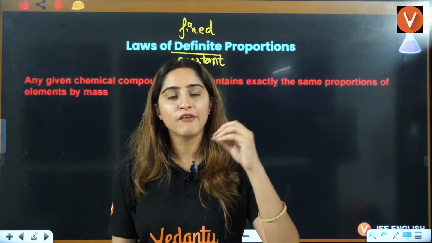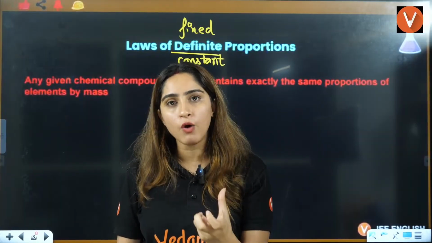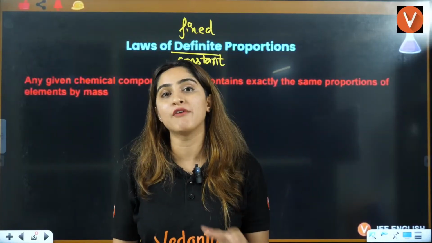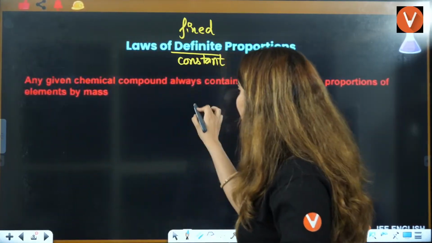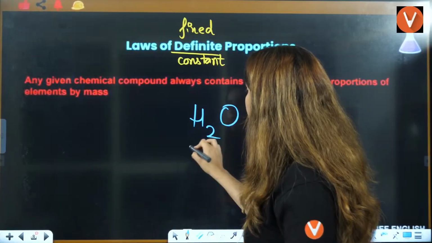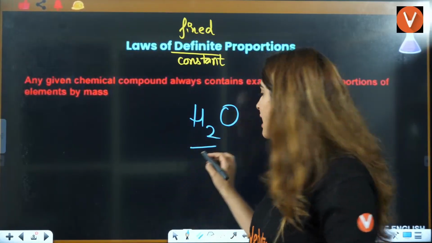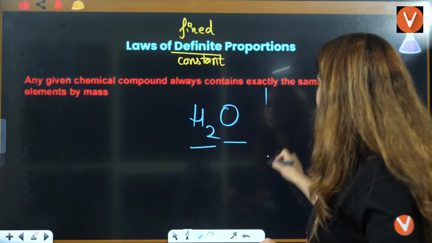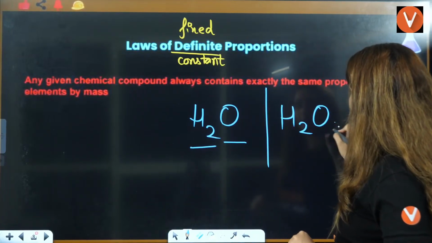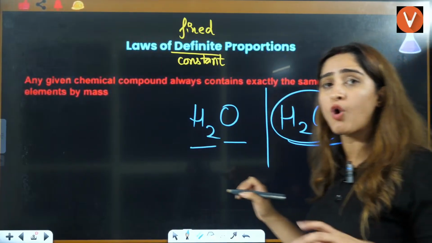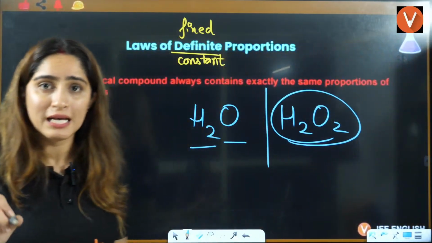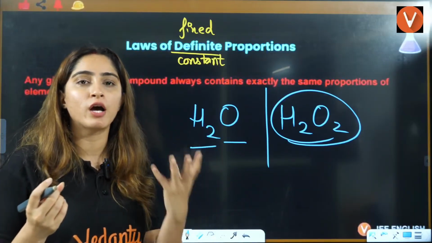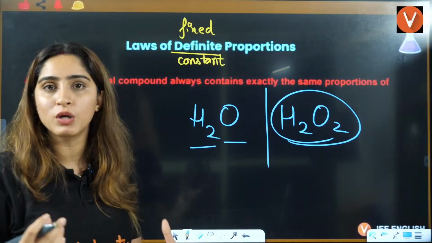That means if I pick out a compound like water from anywhere in this world, that compound will have a fixed formula. Water will always have two hydrogens and one oxygen. Always and always it is going to be this formula. If it is a different compound, that is called peroxide, H2O2. That's why it is absolutely not possible for a compound to have different formulas.